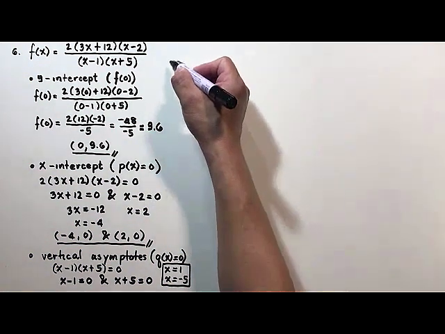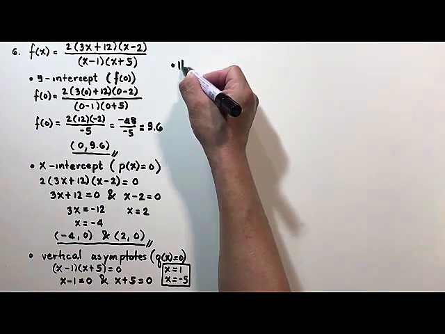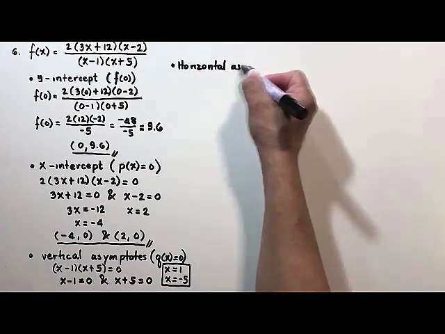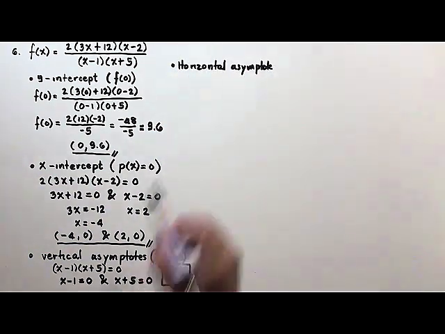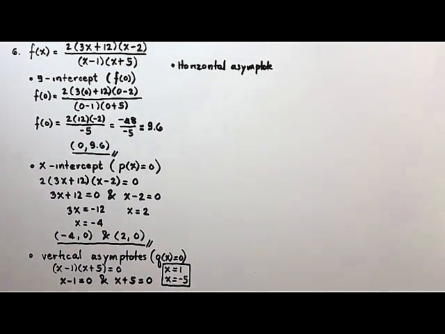Now let's proceed to our horizontal asymptotes. To find the horizontal asymptote, we compare the degree of the numerator and the degree of the denominator.